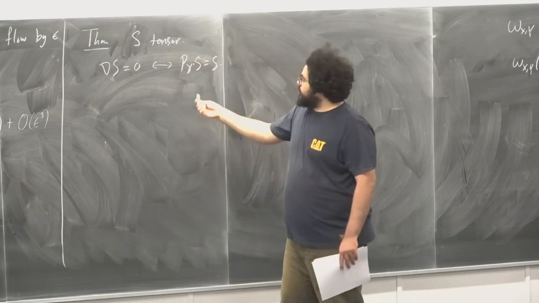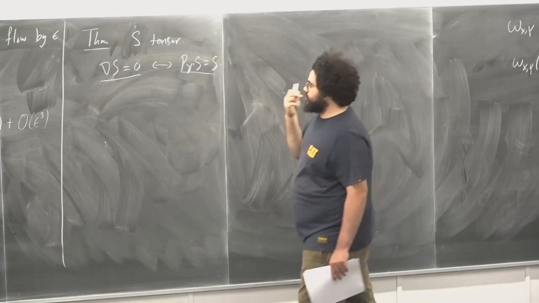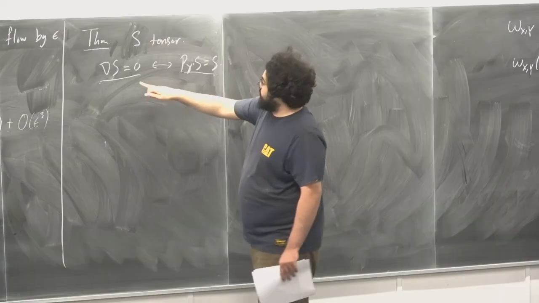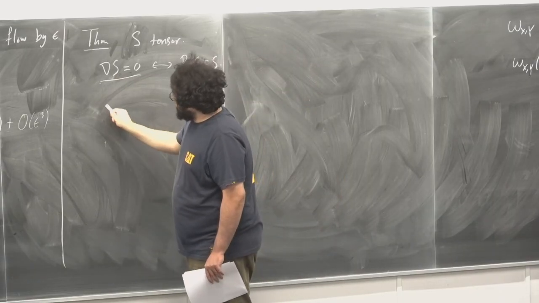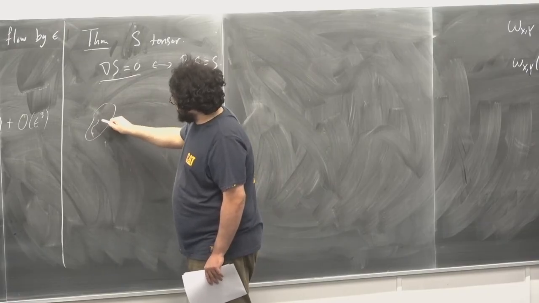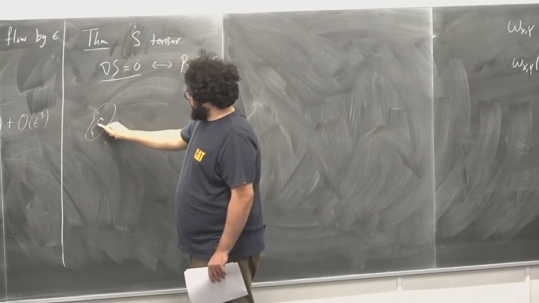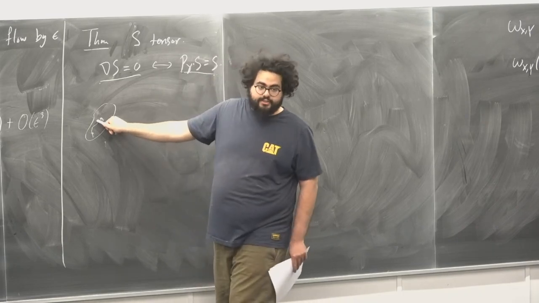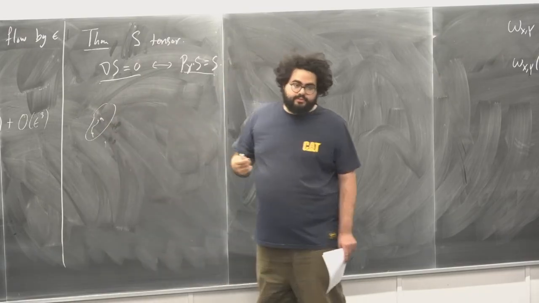Okay. And it's pretty simple to see this, because if the derivative of S is 0, that means that if I take my S that lives here and transport it here, it's the same as the value of the section at Q, so it's unaffected by the parallel transport.